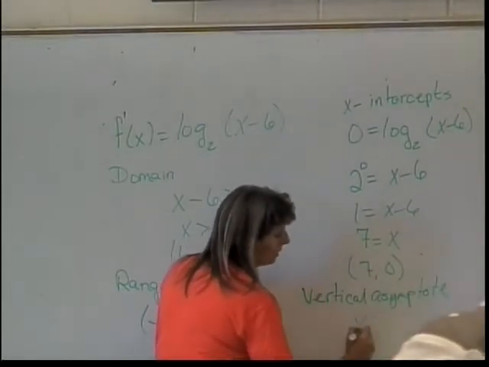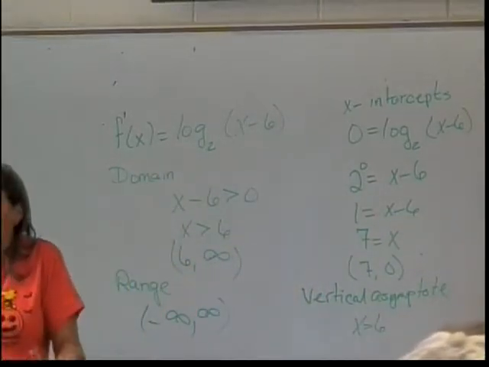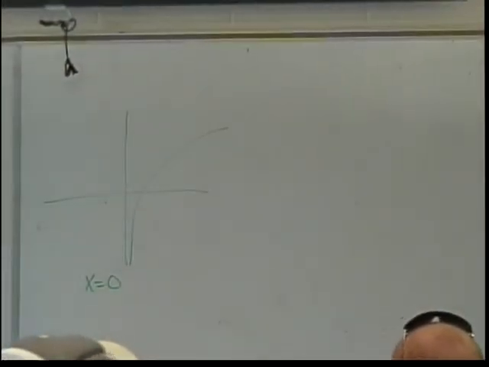So it will be x equals 6. And if you have to explain it, you can say exactly what I just said, except much shorter: the original one was x equals 0. The function is moved 6 to the right, so the new one is moved 6 to the right and is x equals 6. Or left, or whichever direction you have to move it.